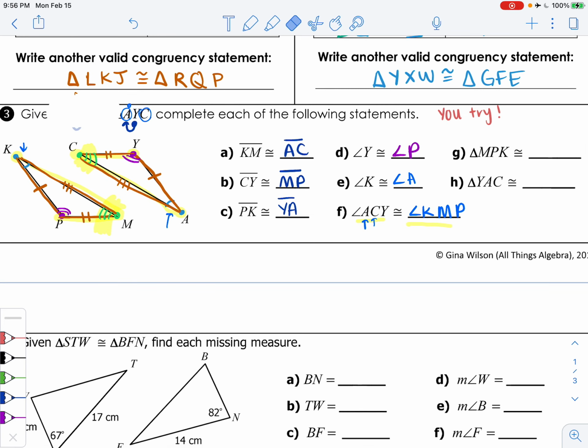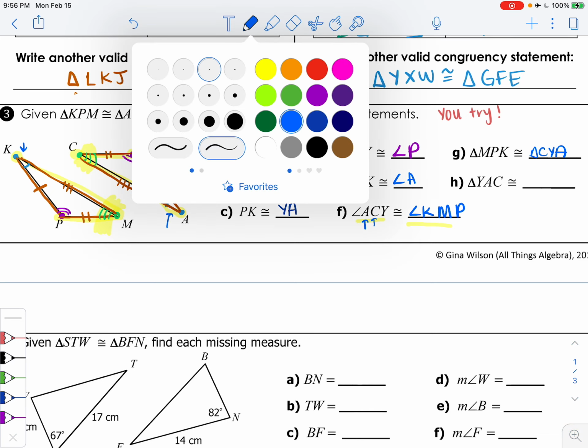All right, the last 2 are just practice with the congruent triangle statements. So we'll start with the first one, which is MPK. That's just backwards, M to P to K. So in order to match that, I'm going to start at the back, C to Y to A. All right, let's do the last one here.